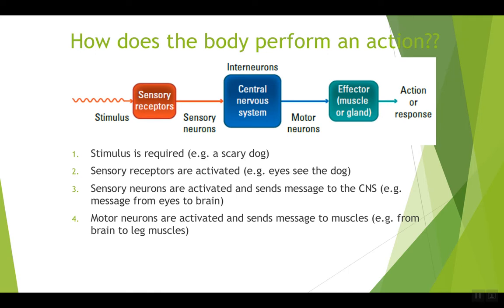That would then link through to a motor neuron, and that would send a message to the muscles. So it might send a message from your brain to your legs saying, you want to get out of here. That dog's scary, let's get away from it. The action would then take place. So you might run away, or your brain might be being a bit more sensible and might be saying, actually, it's better here to stand my ground, or it's better to climb a tree. Who knows?